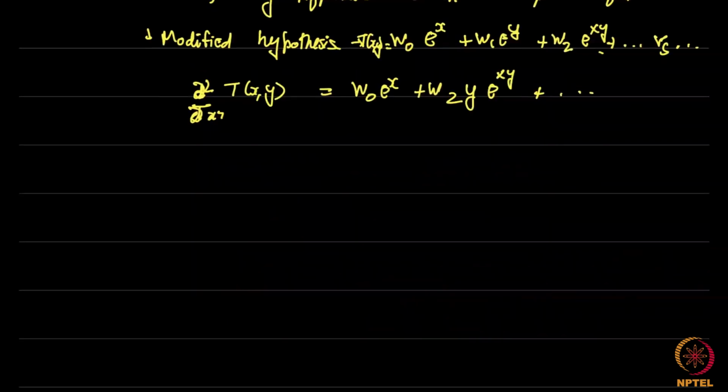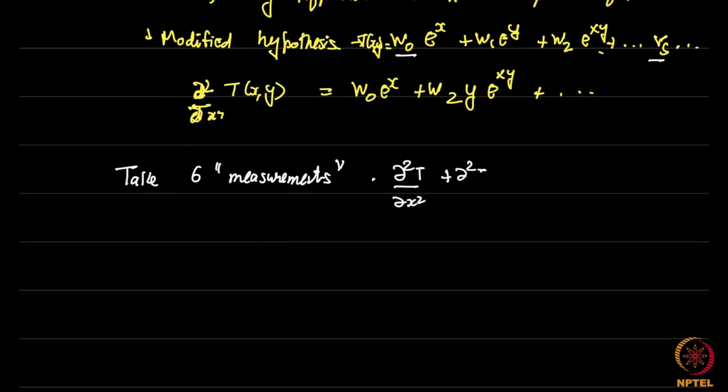Now, once again, say I have only 5 or 6 unknowns, take 6 measurements. These measurements all say the same thing, del square t del x square plus del square t del y square equal to 0.